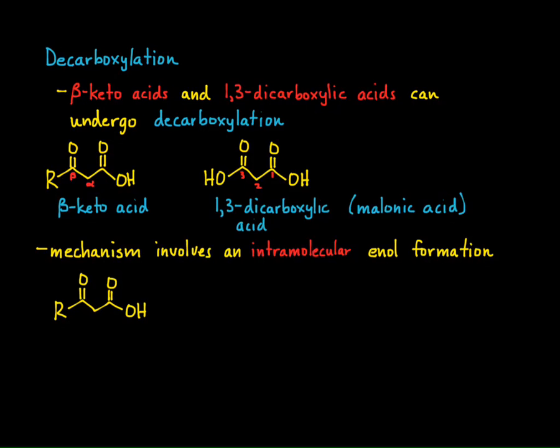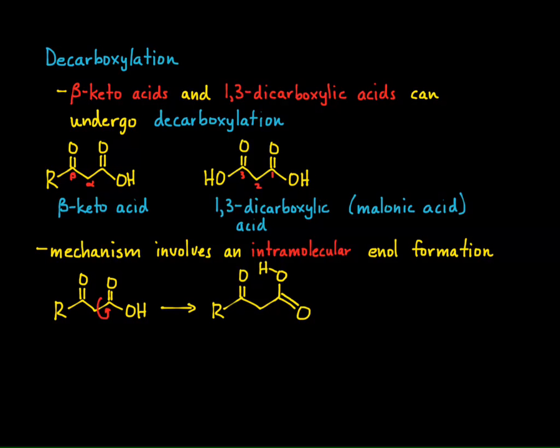I'm going to redraw this, and I'm going to rotate about the carbon-carbon bond between the carbonyl and that alpha carbon. I'm simply going to redraw it like this. Notice I've drawn the OH going up and the carbonyl oxygen pointing down and to the right.